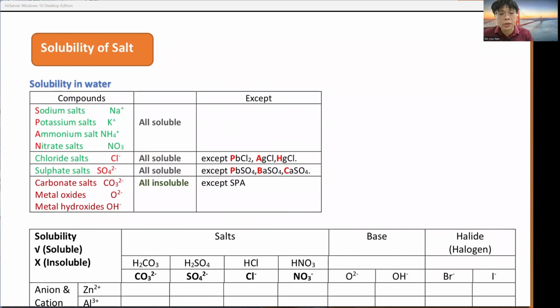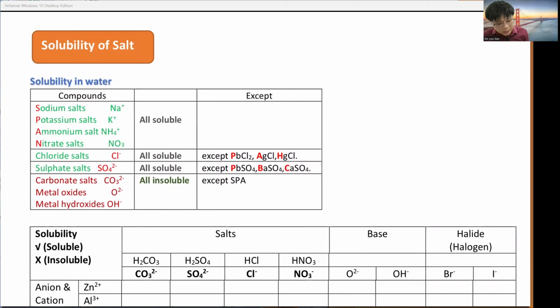So if you look at the solubility in water, any chemical with sodium, potassium, ammonium, nitrate will be all soluble. Means anything with all these will be automatically soluble. So how to remember? You can use SPAN.